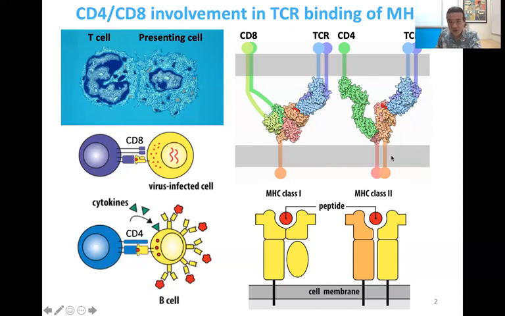Even though this is drawn as though it's taking place between just two cells, the truth is this lower panel is showing you a cell that's showing something like the red dot, the little peptide, on MHC class 1. And then we'll imagine there's another cell that's showing it on MHC class 2.